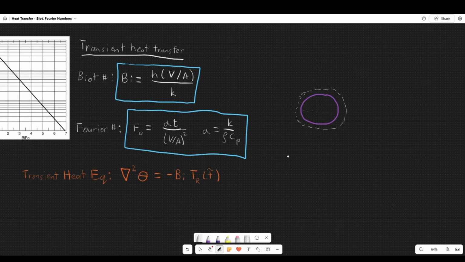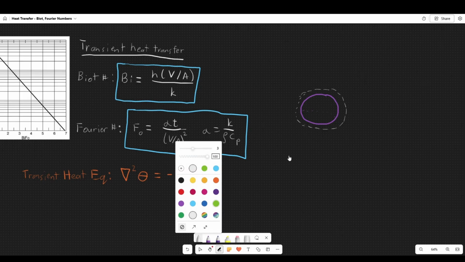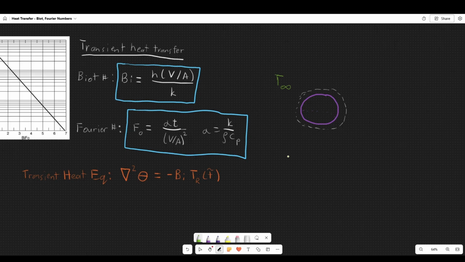Let's say the sphere is made of copper, and we have a T bulk out here, a T infinity, and let's assume there's no heat generation. And let's say the temperature of the ball is higher. So what is it going to be across this air and the sphere?